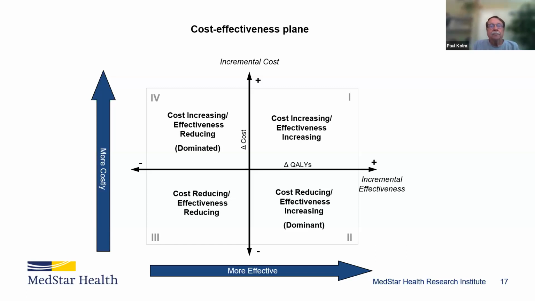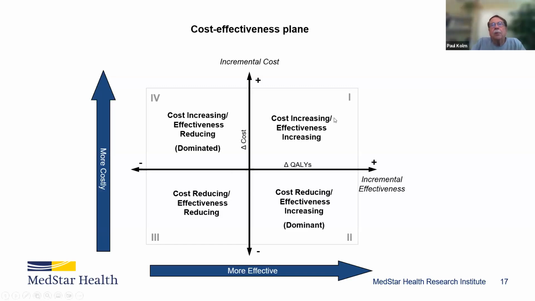So we start out by looking at where we divide the cost effectiveness plane into 4 quadrants. The heavy lines here represent 0. So 0 effectiveness and 0 cost, meaning that the difference in costs is the same, there's no difference.